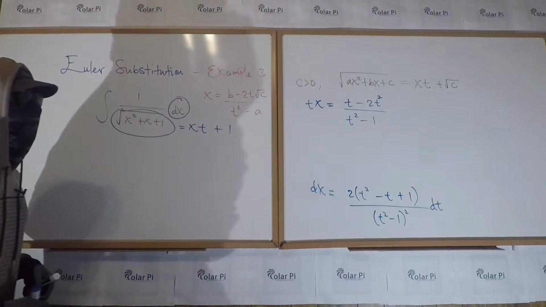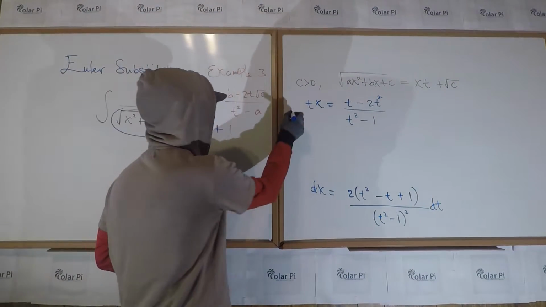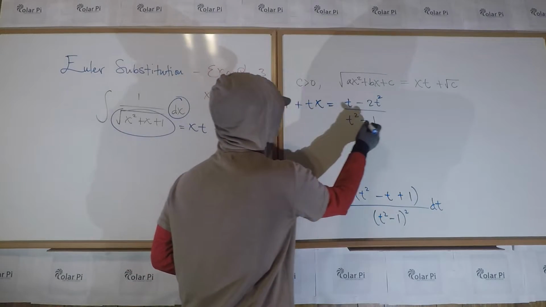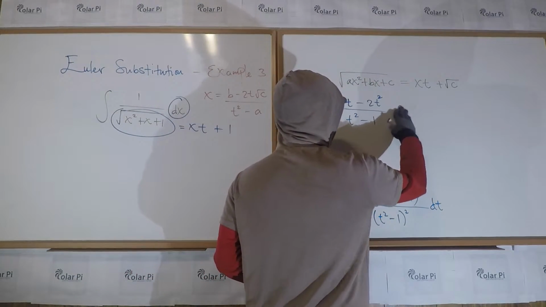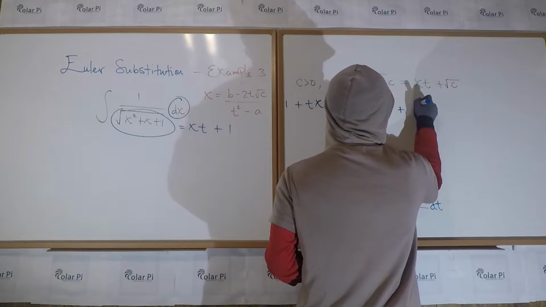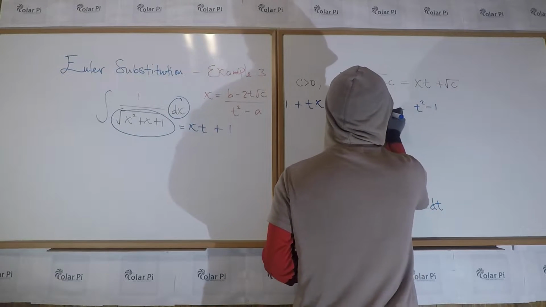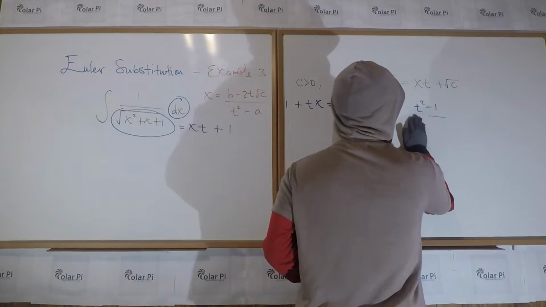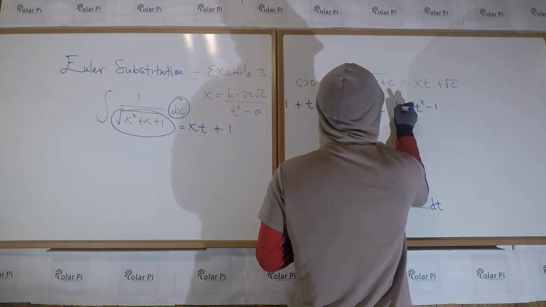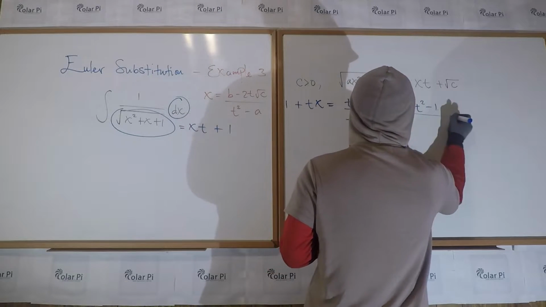Then xt plus 1 will be, well, add 1 to the left side, so add 1 to the right side. But a plus 1 here is the same as writing plus t squared minus 1 and then extending this denominator. Sorry, that plus sign I should hike up like that.